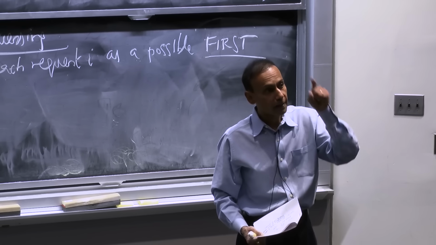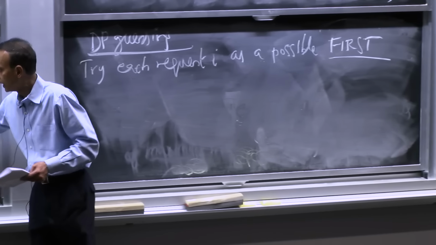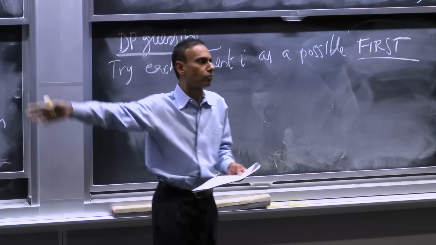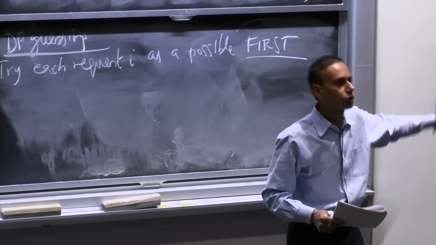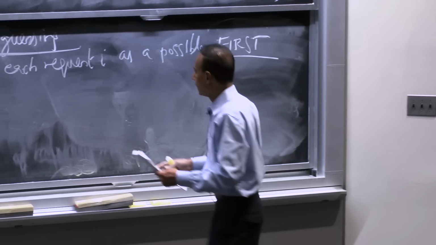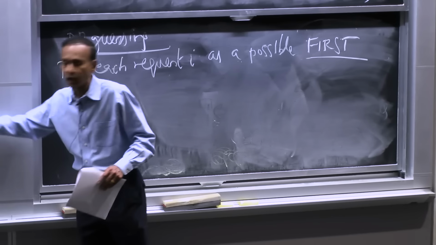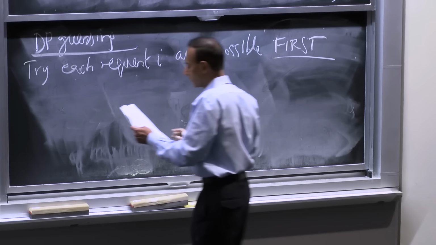And when I try that out as my first selection, then the definition of my subproblem says that this will work. I only have to look at requests that come later than that, because the ones that came earlier, I've tried them out too. Okay? So that's something that you need to keep in mind in order to argue correctness of this recursion that I'm going to write out now.